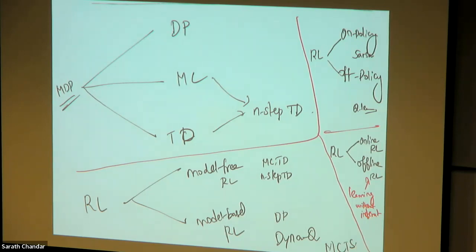You are still learning through interaction. It is just that the interacting is by a different policy, and the learning is from the experience of the different policies. But in offline RL, everything is collected beforehand and you're just learning from the data. Is that clear? Any questions?